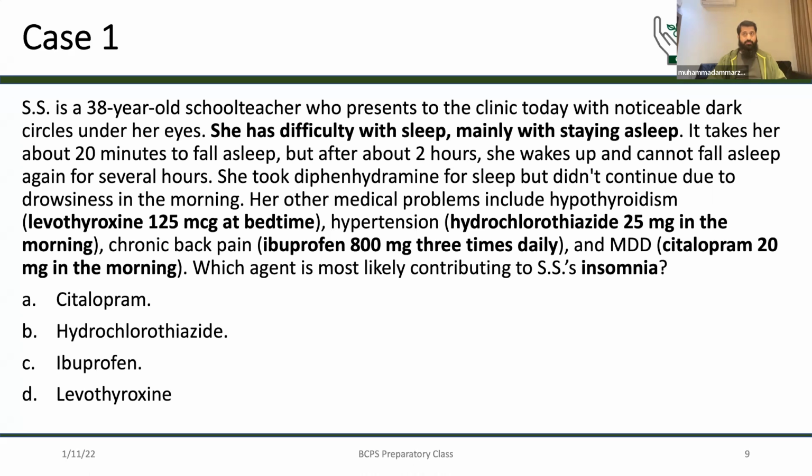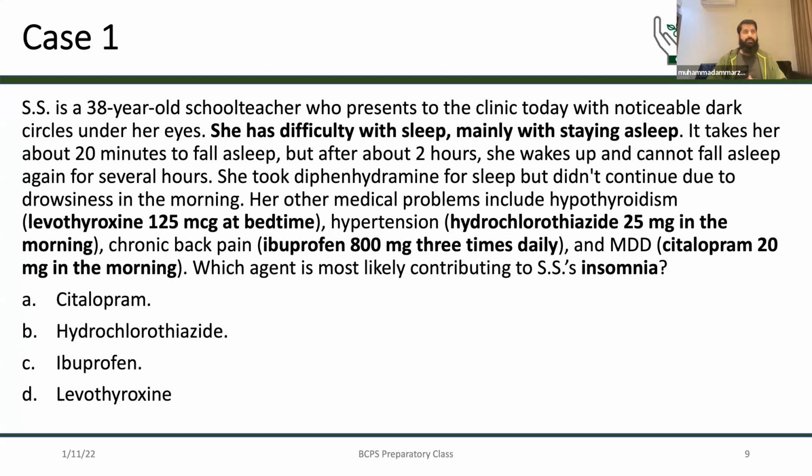So she has insomnia. She is taking some medications. So which of these medications could cause insomnia? Think about that and see that this patient is being treated for hypothyroidism, and she is taking something for hypothyroidism which could produce symptoms of hyperthyroidism in this patient.